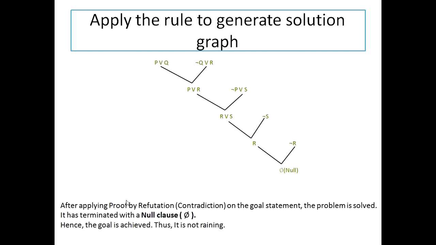So after applying this resolution technique, or proof by refutation technique, on the goal statement, we finally derive the null clause. We resolve all the contradicting literals. So we have achieved the goal. The statement is true. The goal statement is true.